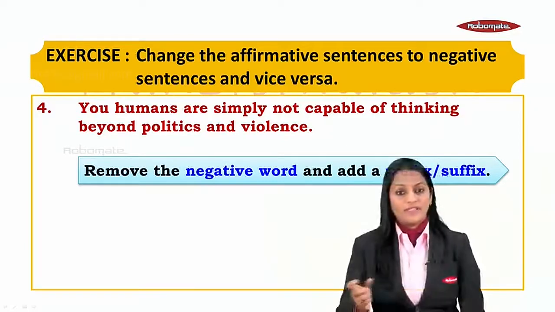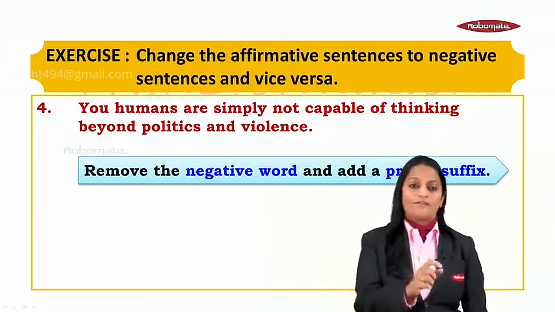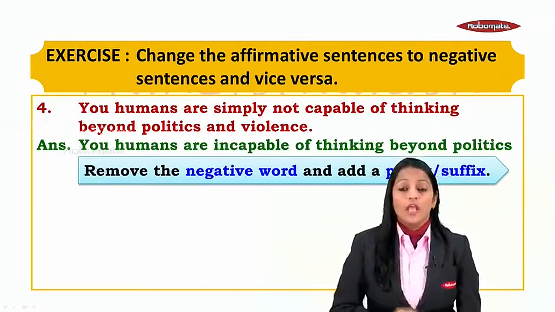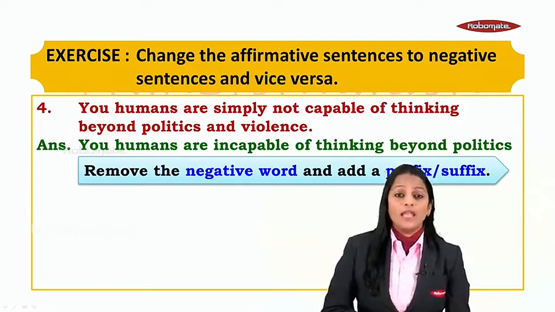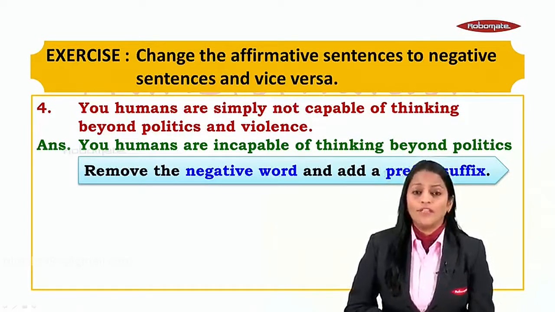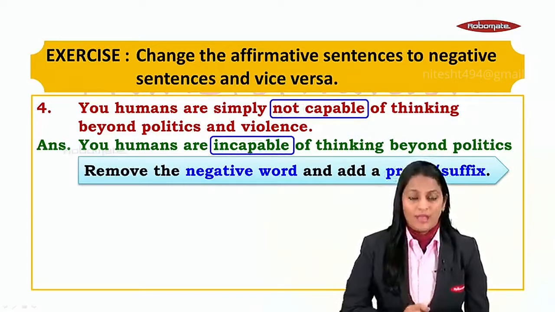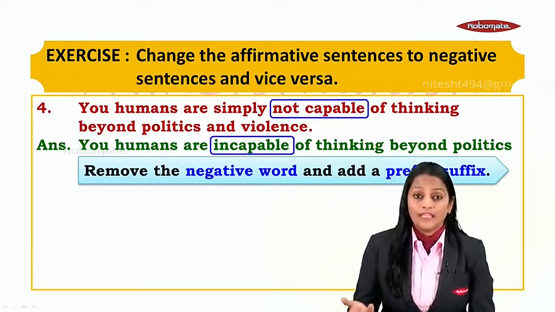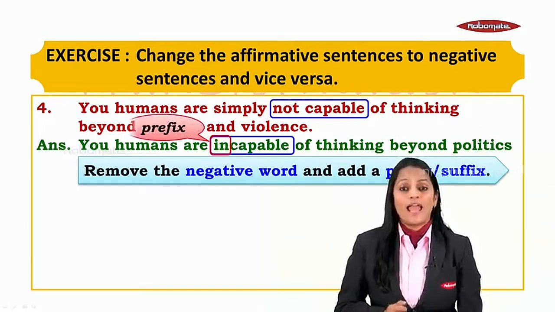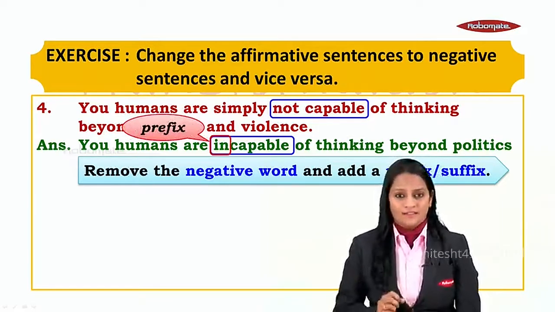Now you all know, prefix, suffix, the word before or after the word. Now students, you humans are incapable of thinking beyond politics. What have we done? We have changed not capable to incapable. What did we do? We removed the negative not and we just added the prefix in.